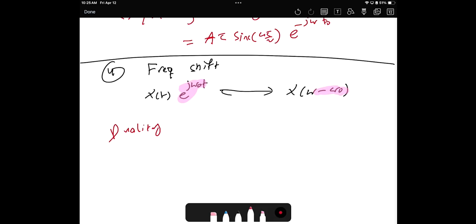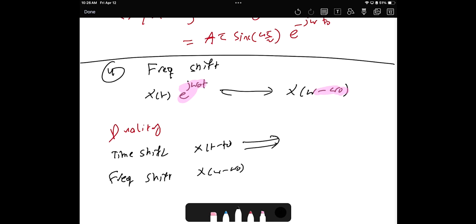So let me write here time shift, here is frequency shift. Time shift when you have x of t minus t naught, frequency shift when you have X of omega minus omega naught. This yields X of omega e power negative j omega t naught, while the other one yields x of t e power j omega naught t.